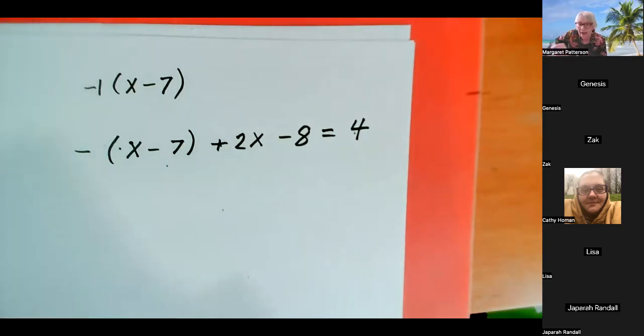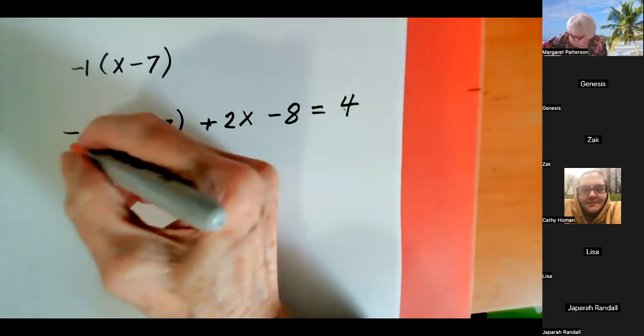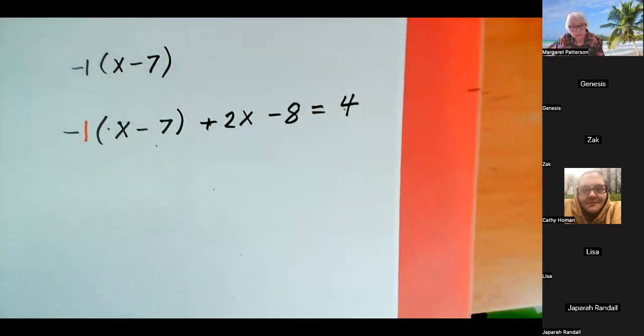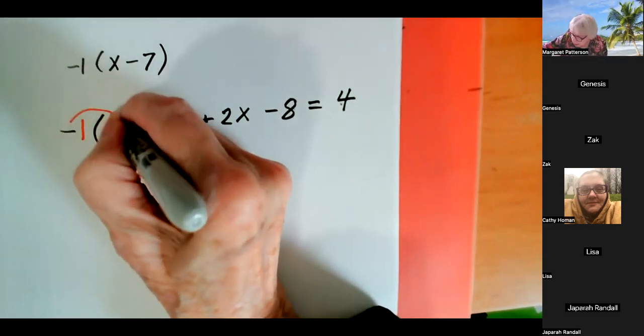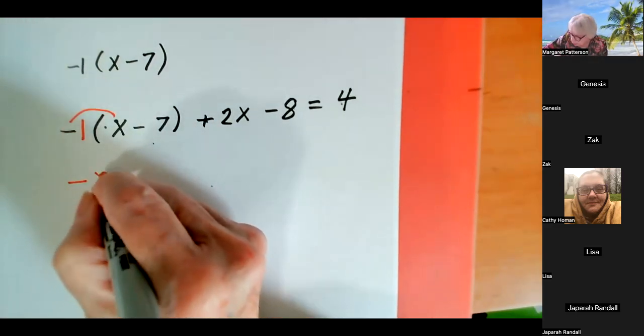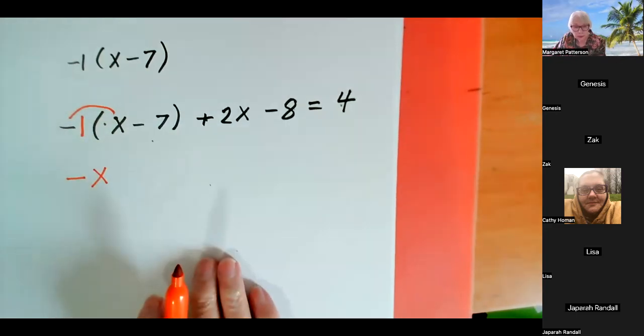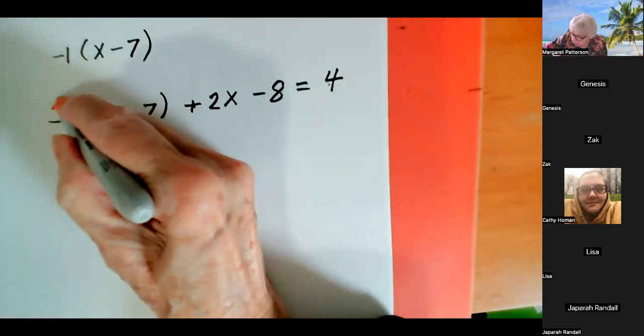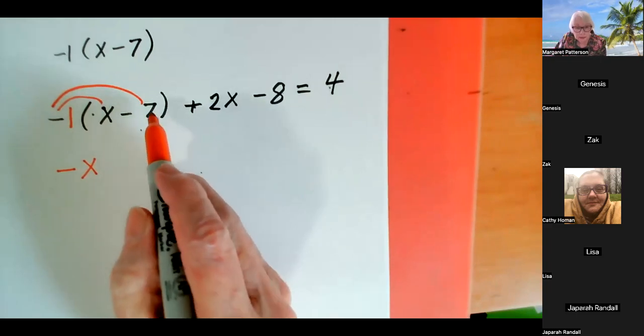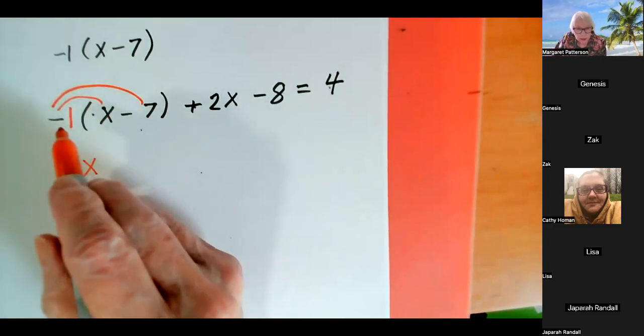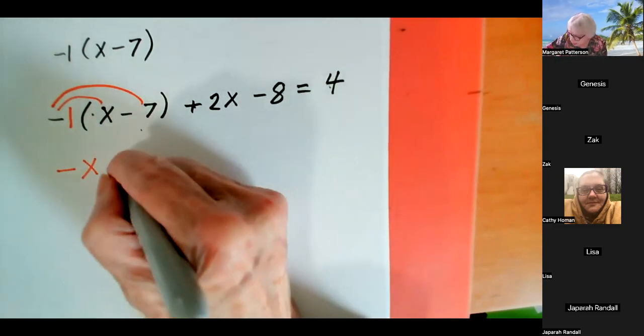I'm gonna put it in orange. If that helps. But when we do the opposite of x, it's -1x. And we now do the opposite of -7. Awesome. A minus times a minus is a plus.